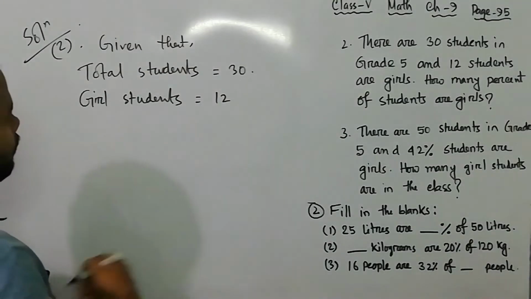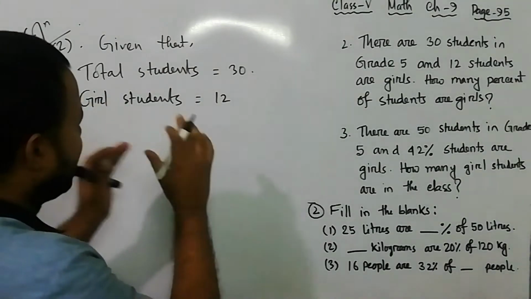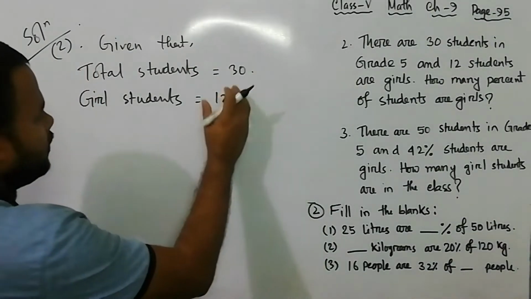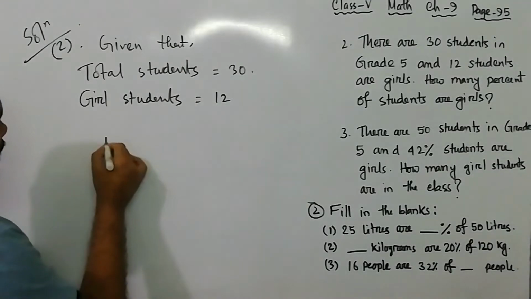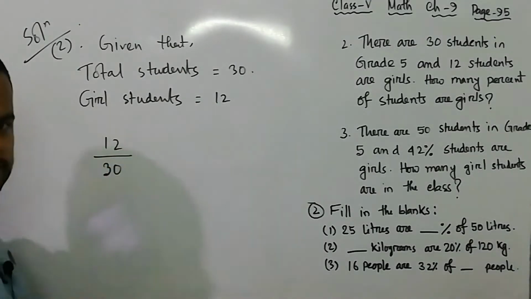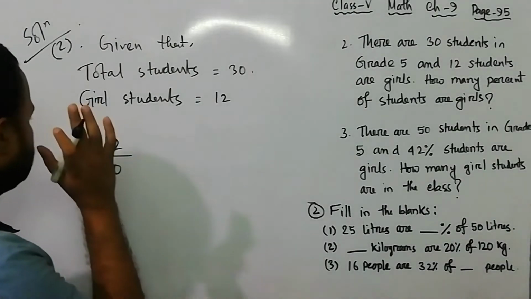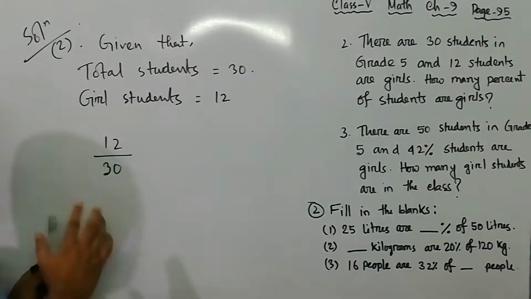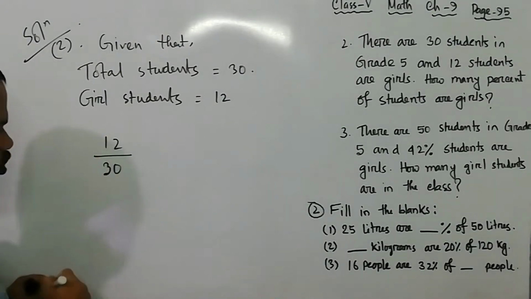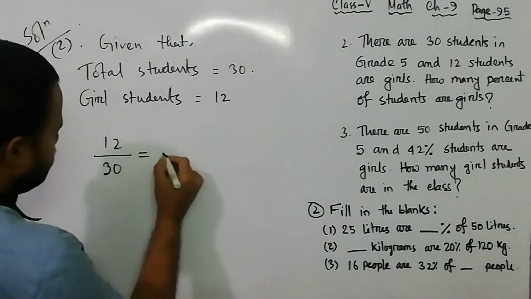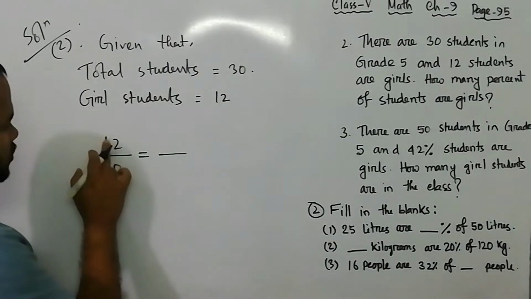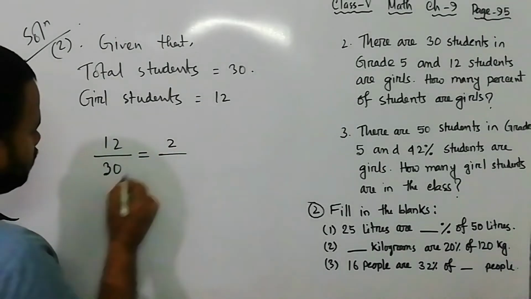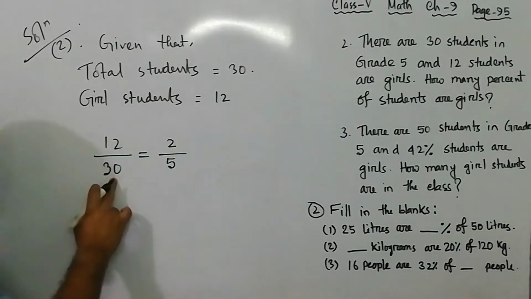If we express this number as a fraction, we have 12 out of 30. Now if we simplify this fraction, 6 times 2 is 12, so we have 2, and 6 times 5 is 30.